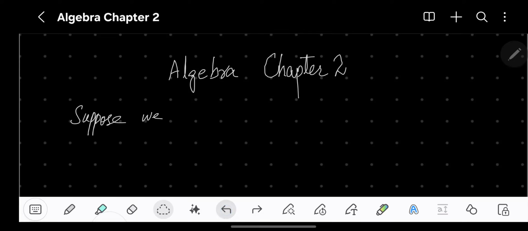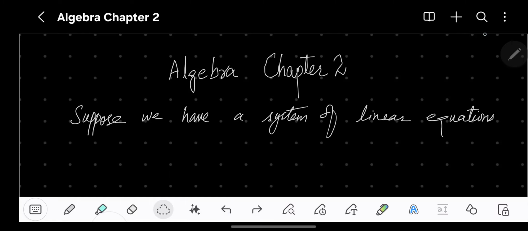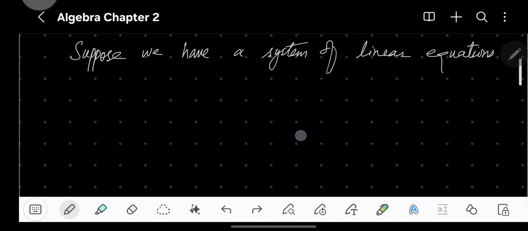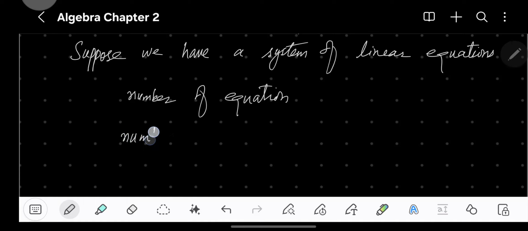Okay, let us suppose that we have a system of linear equations. When we talk about the system of linear equations, two things are important. The first thing is the number of linear equations, and the second thing is the number of variables.